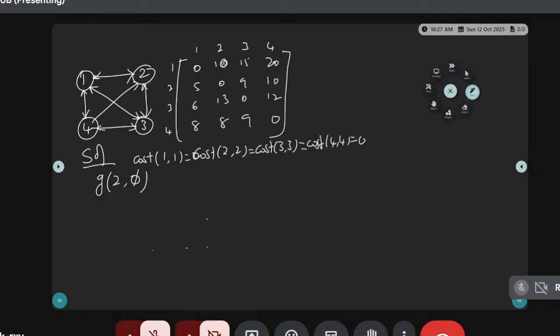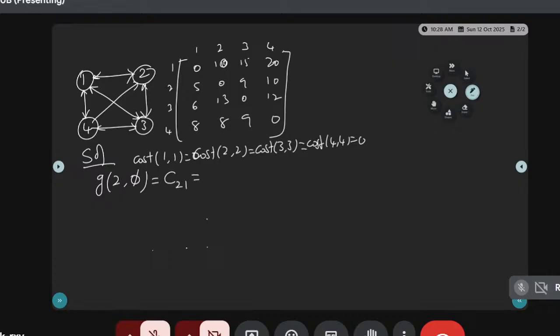Next line, write down initially: g of 2 comma phi, which is the cost between 2 to 1. It indicates that g of 2 comma phi is the cost between 2 to 1.